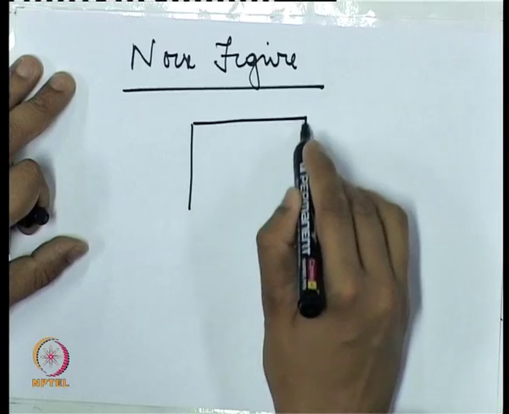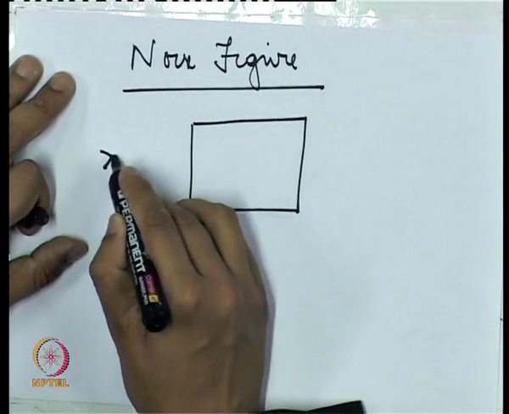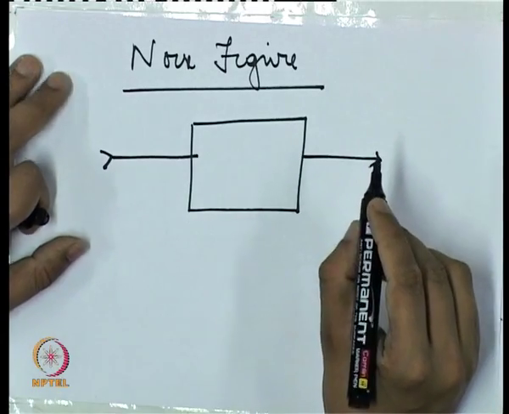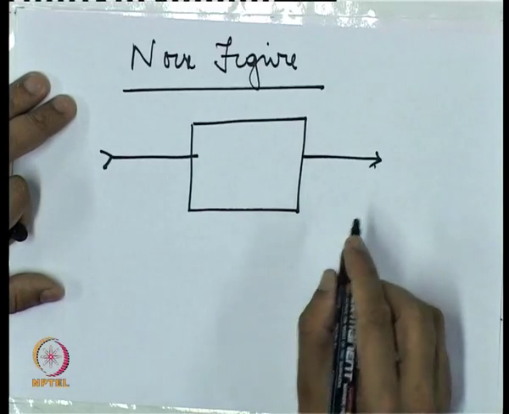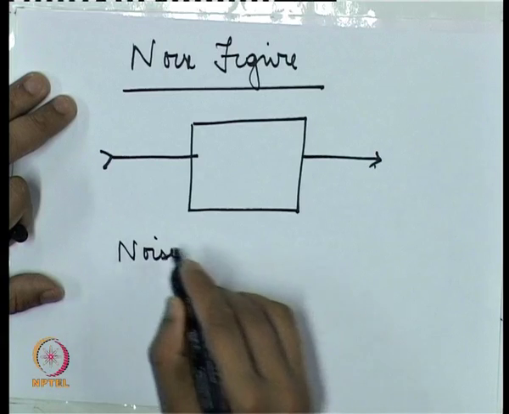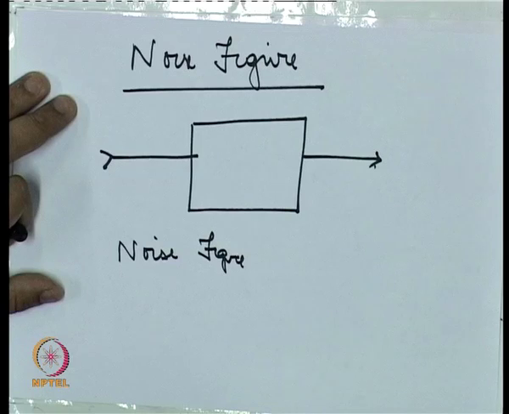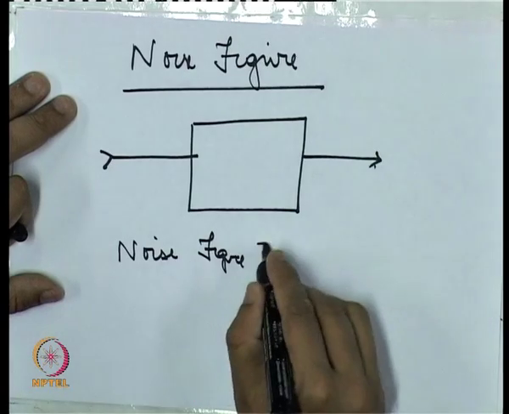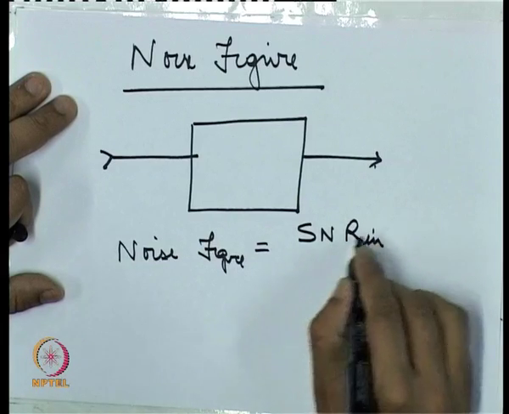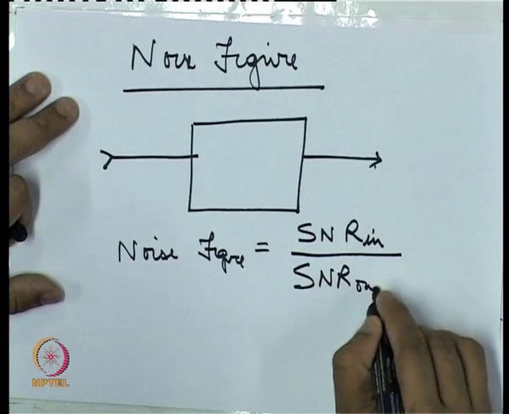Suppose you have a two-port network. There is, say, an input signal and an output signal. The noise figure is defined as SNR in upon SNR out.